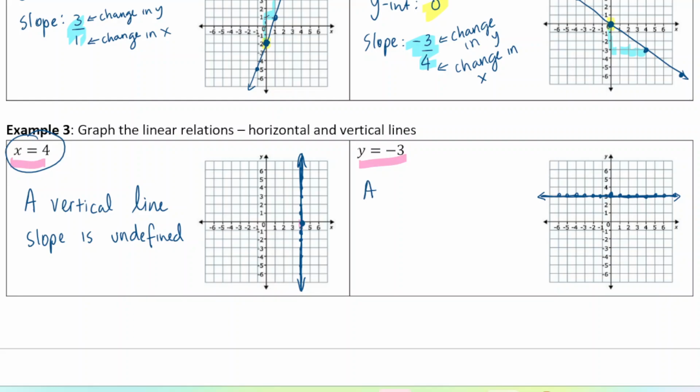So this is a horizontal line, and the slope is 0. You could think of this equation as y equals -3 plus 0x. So the slope here would be essentially 0. You just wouldn't really write the 0 term. That's why it's not shown.